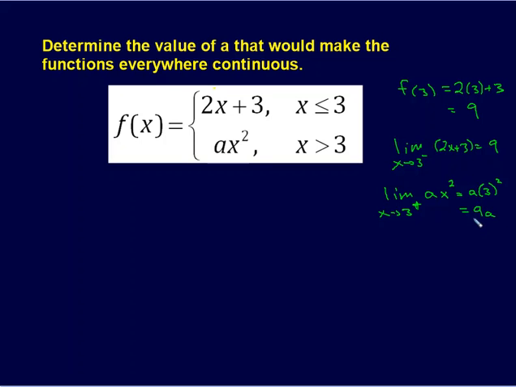So in order for this to be continuous, the value of the function, which is 9, and the limit from the left, which is also 9, all of that needs to equal the limit from the right. So the equation to be solved is 9 equals 9a. And this is a quick one, just dividing by 9. A is going to equal 1.